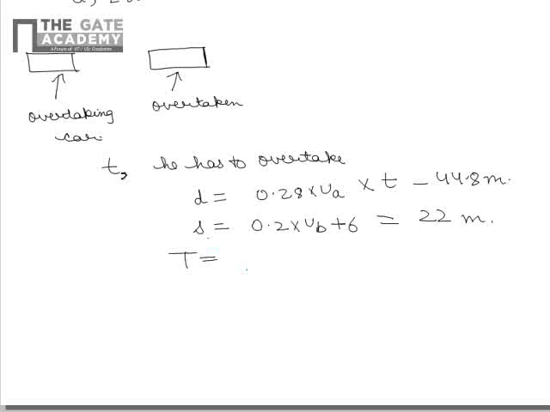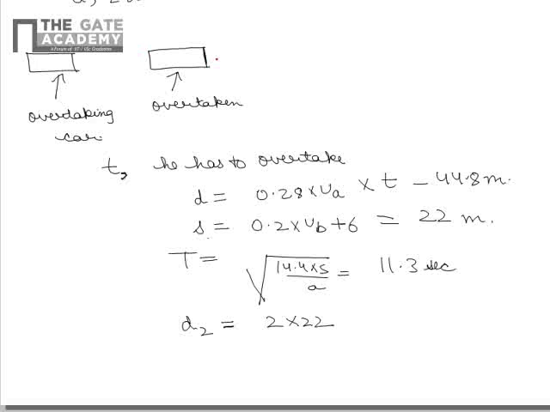So T is given by square root of 14.4 into S upon A, which is equal to 11.3 seconds, and d2 is given by twice of 22 because this S has to be maintained.